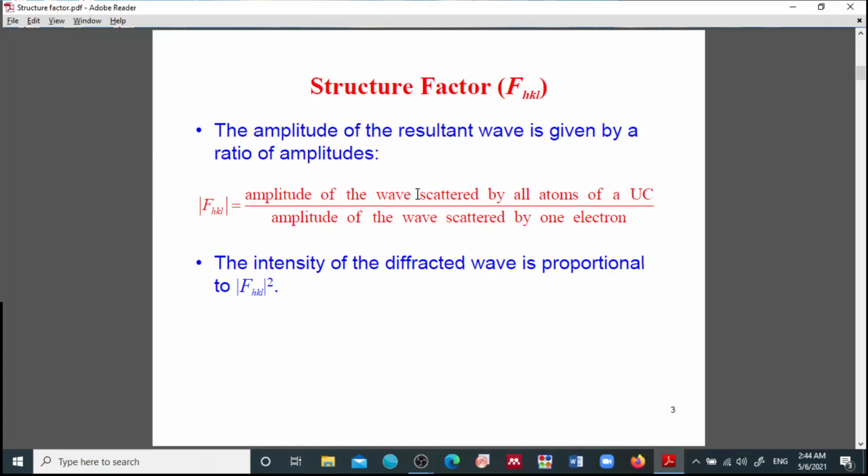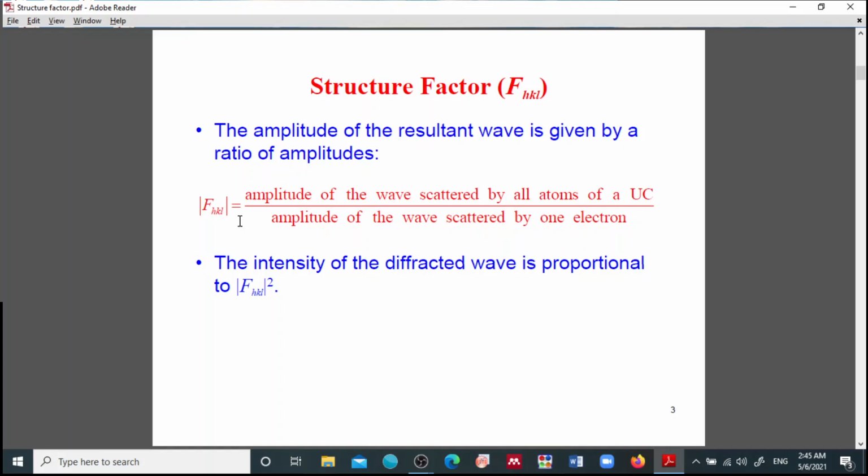And so basically the amplitude of the resultant wave is given by a ratio of amplitudes. This F in the structure factor is basically the amplitude of the scattered wave, right? So this is the ratio of the amplitude of the wave scattered by all atoms of a unit cell to the amplitude of the wave scattered by one electron, right?